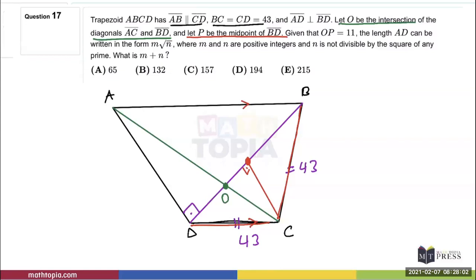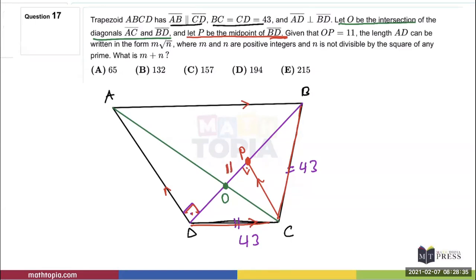So I will indicate that this is midpoint P. Good. And then we notice that these two are also parallel, and there should be some kind of bow tie, and there will be a similarity, and we will figure that out later. So OP is 11.